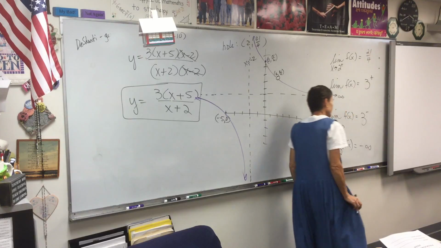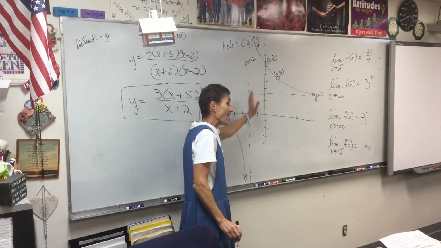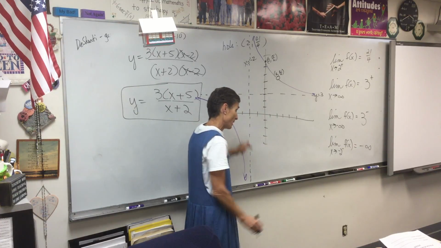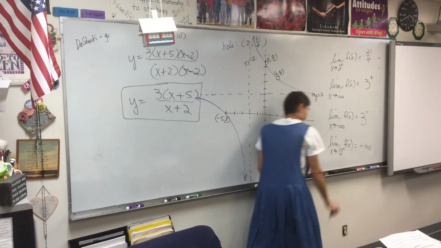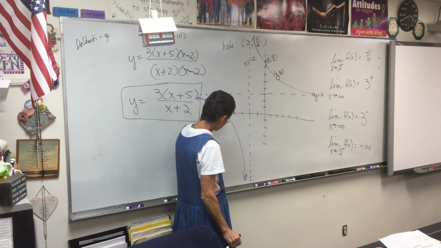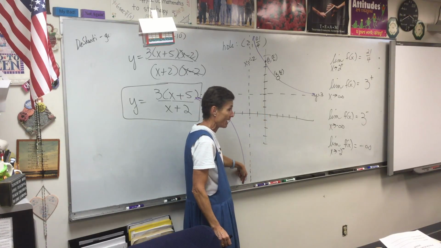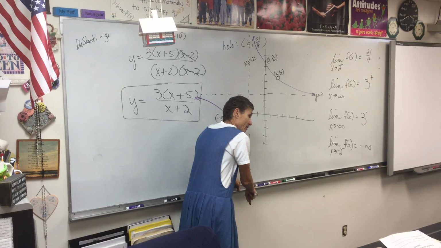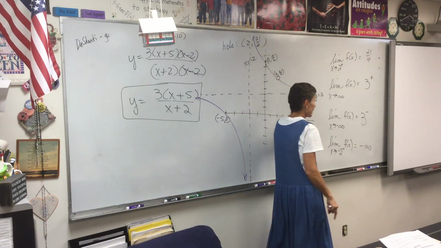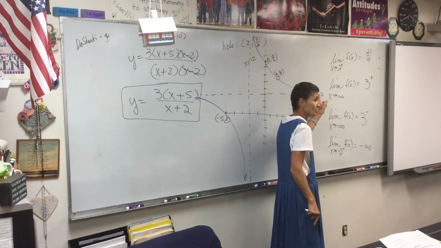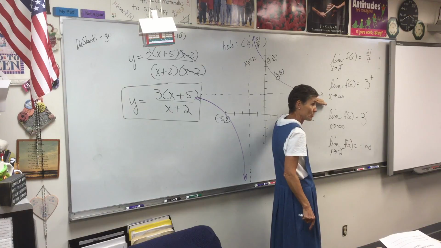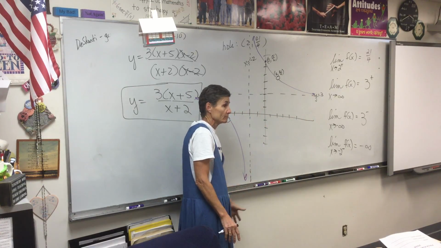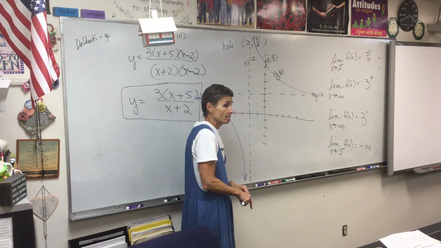Why is it negative infinity? There's an asymptote at -2. We're coming from the left side of -2, and as we come toward -2 from the left side, we are going down. There's no stopping that. You see the difference? This one is coming down, but it's not going to infinity because it's being stopped. This one is going down forever. So that's negative infinity.